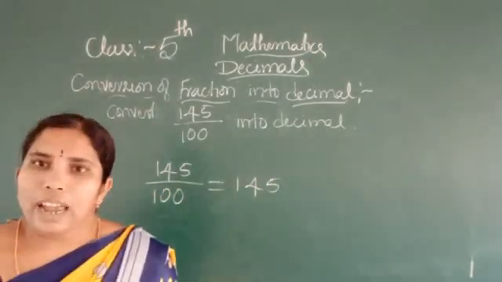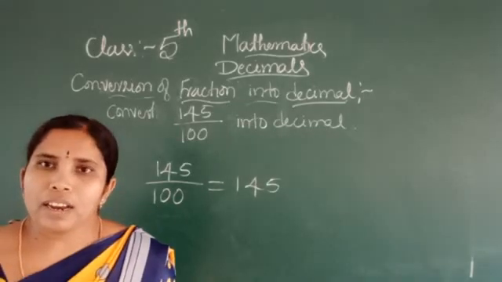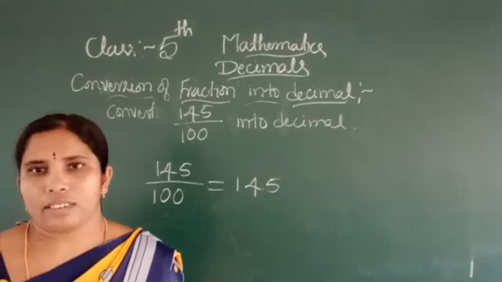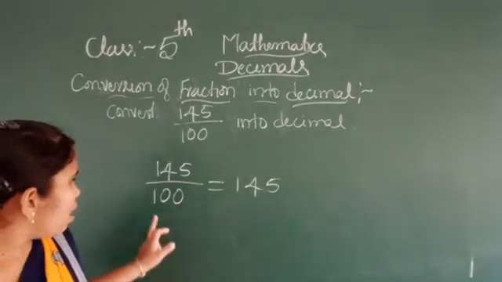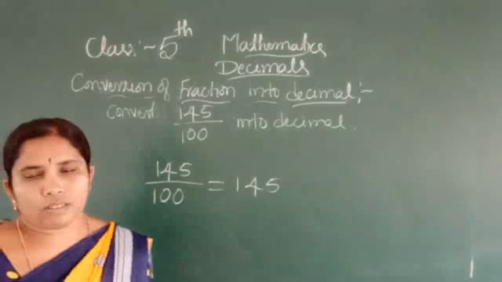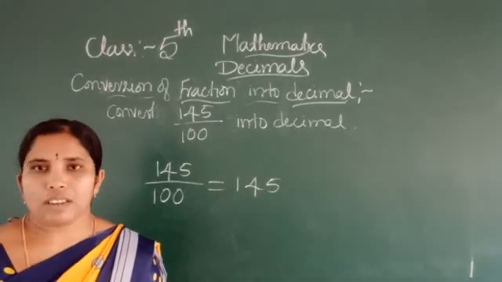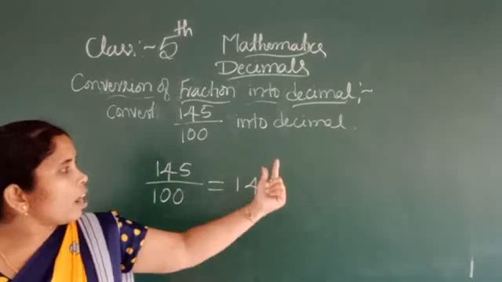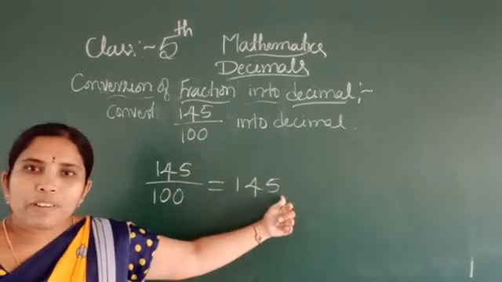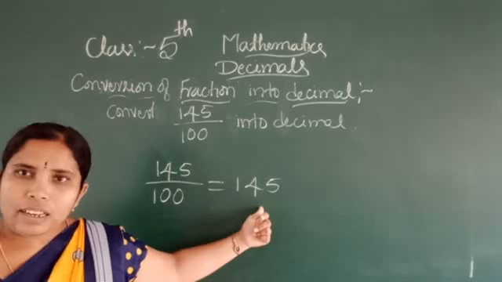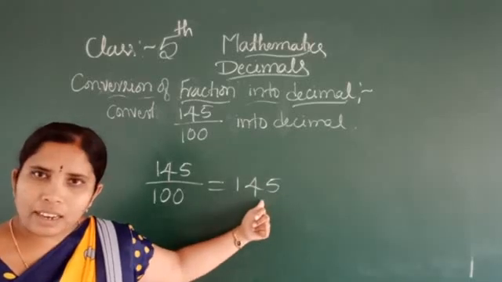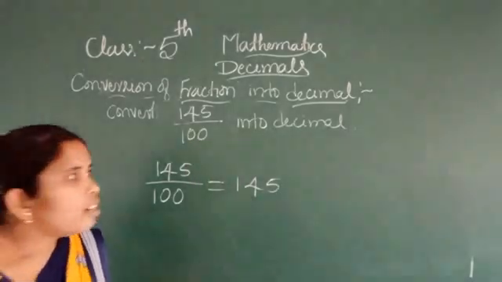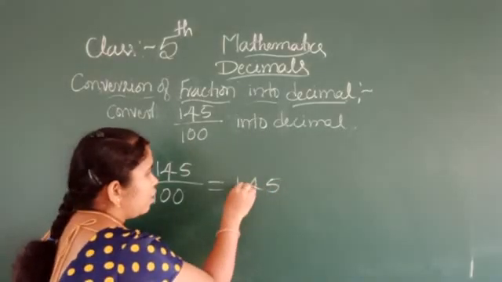Then in the denominator, 1 after, how many zeros are there? Count that. There are 2 zeros. You can count from the right side. Put 2 digits after the decimal point.